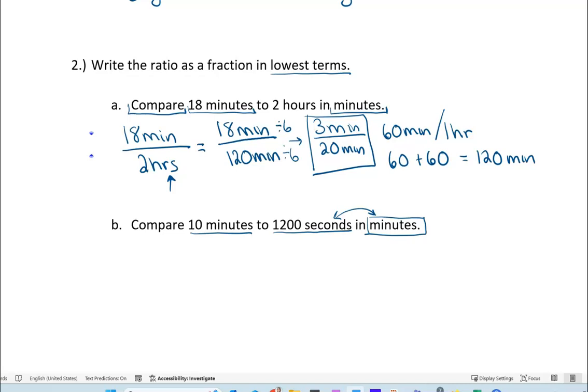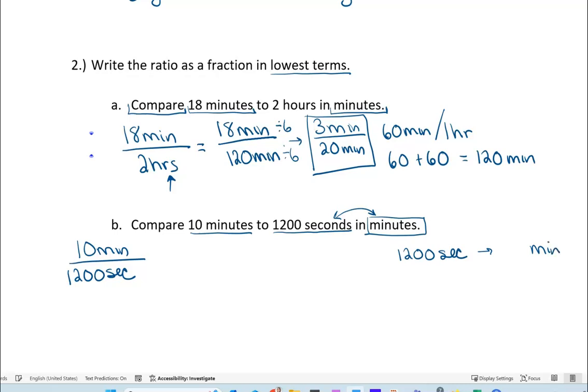All right, so just like I did previously, I'm going to write the ratio with what I'm given. So at least I can visualize where I'm starting. Okay, and then over here, I'm going to do my conversion. So 1200 seconds, and I need to convert that to minutes.